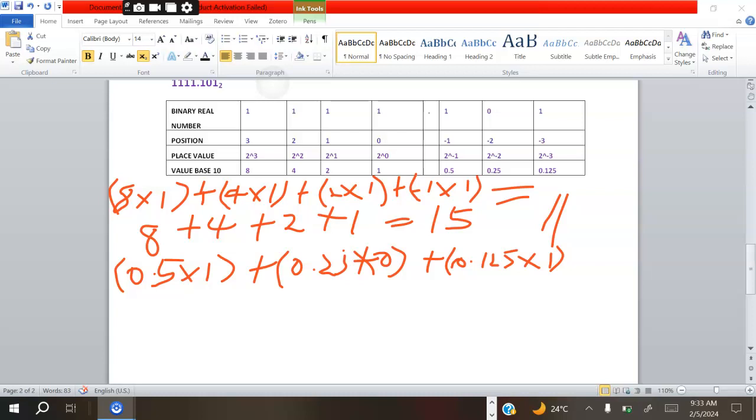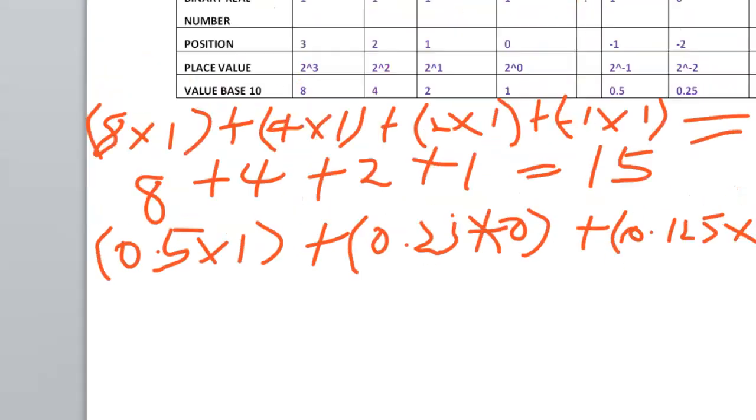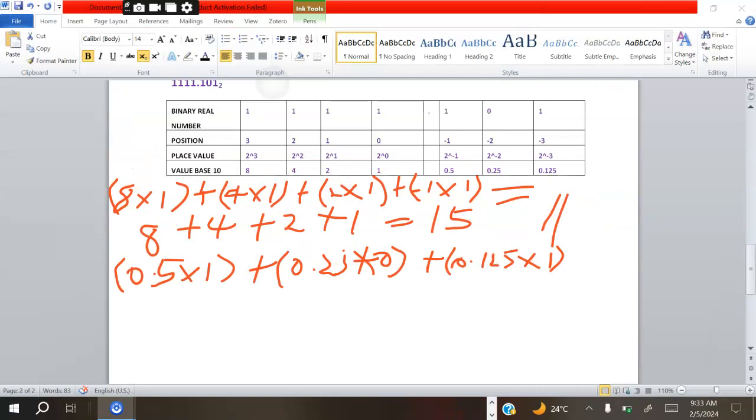Next step, let's get the value. We get 0.5 plus 0 plus 0.125, which is giving us 0.625.